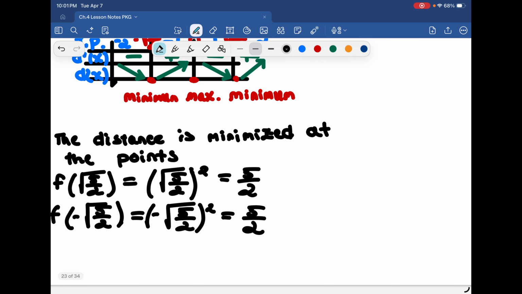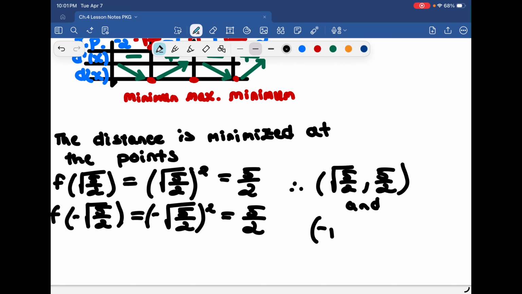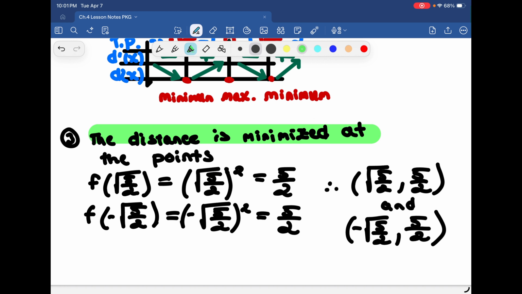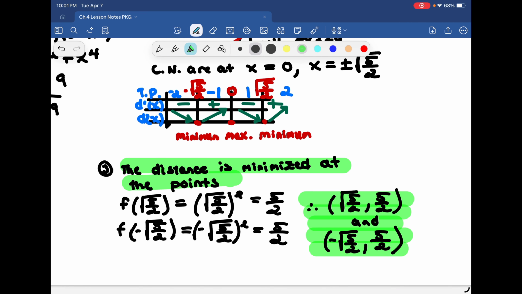And therefore, the points are going to be located at the square root of 5 over 2 and 5 over 2, and the negative square root of 5 over 2 and 5 over 2. Perfect. So I'm just going to include the sentence with my answer, the points that make up the answer, and therefore that's our summarized piece here.